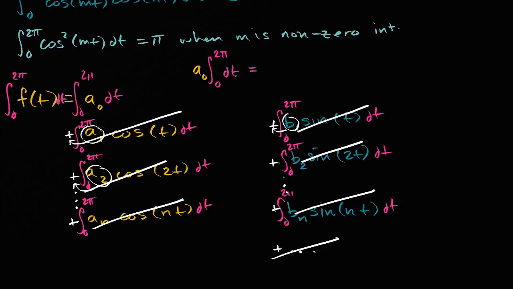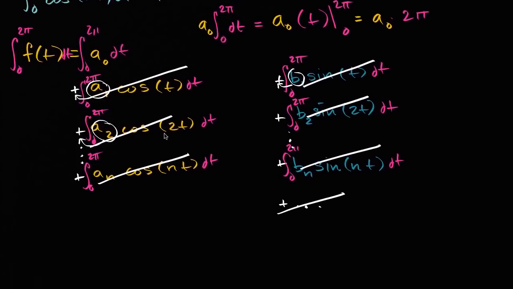And so that's going to be equal to a sub 0 times t evaluated at 2 pi and 0, which is going to be equal to a sub 0 times 2 pi minus 0. Well, that's just 2 pi a sub 0. So this expression right here is a sub 0 times 2 pi.